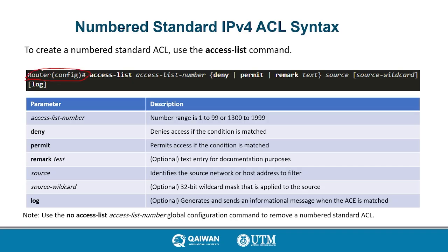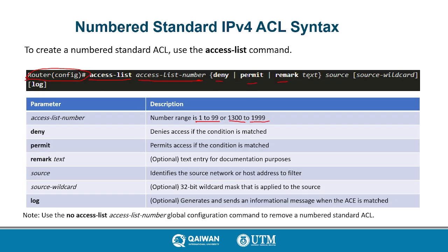It would be inside global configuration mode, and then we will have the words access-list, and then a number. The range for the standard would be from 1 to 99, and from 1300 to 1999. Then we will have either deny or permit or remark.